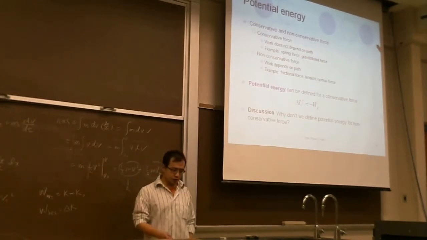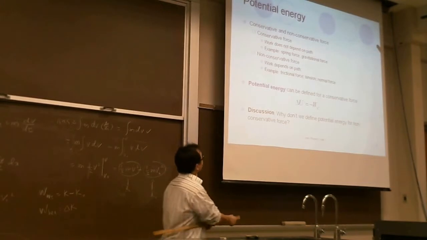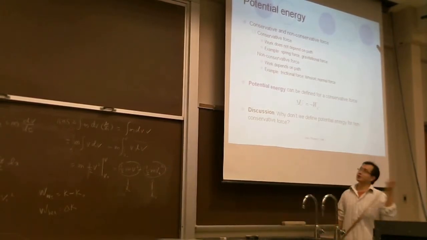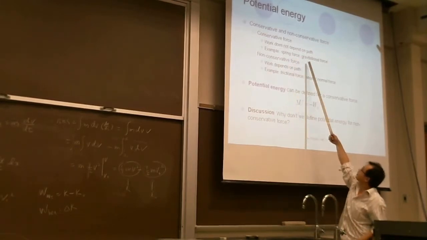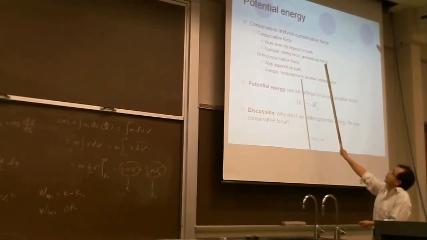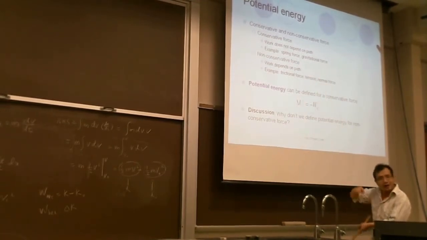Okay, so for this purpose, we want to put the forces into two categories: conservative and non-conservative force. If we calculate the work done by a force, the work may or may not depend on the actual path of the motion.